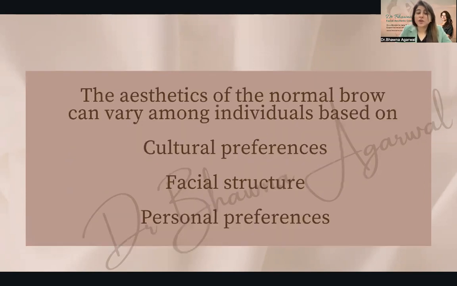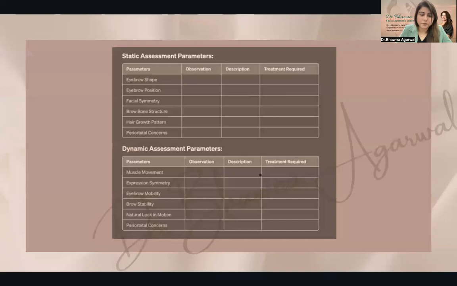Now, the aesthetics of the normal brow can vary among individuals. There could be cultural preferences, it could be facial structure, or there can be personal preferences, or media-driven trends which one wants to follow. So these are the various parameters that you have to observe and describe, and then plan your treatments accordingly, keeping all these aspects in consideration.